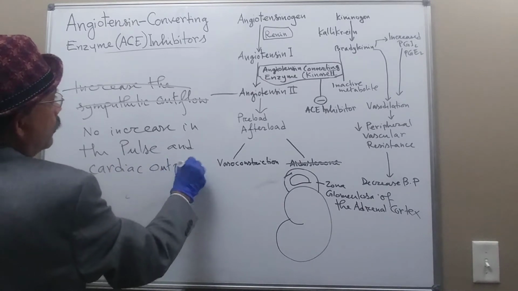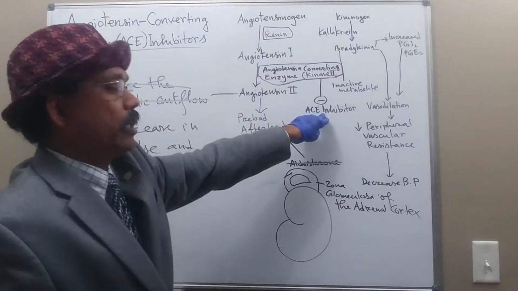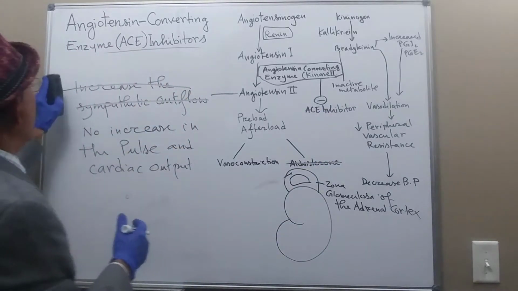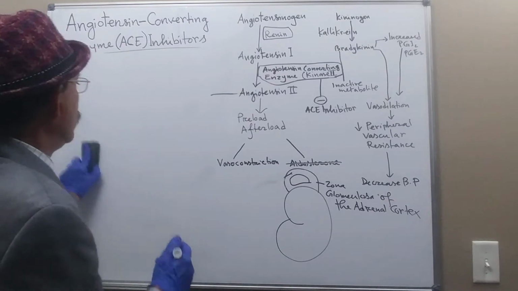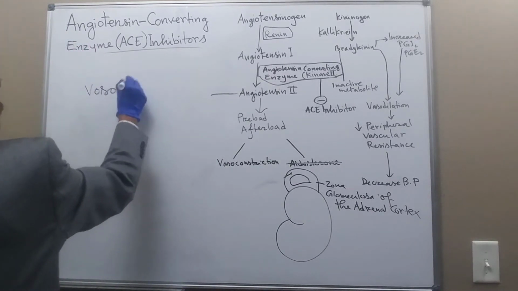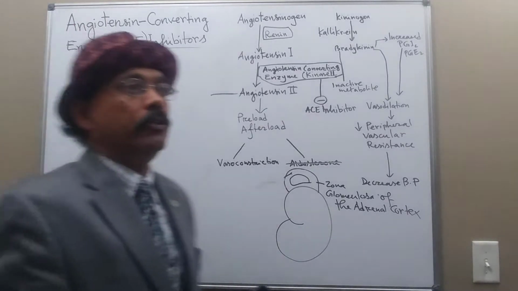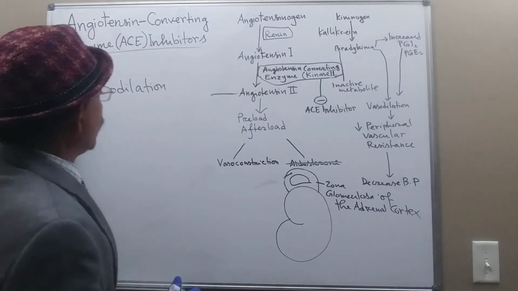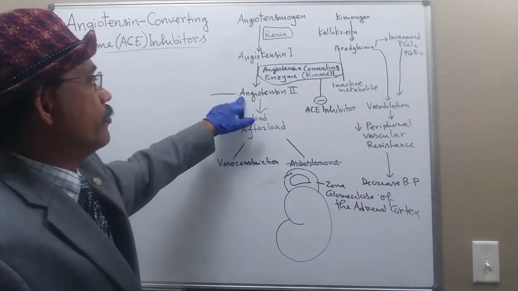Okay. By suppressing the angiotensin 2 with this drug, the ACE inhibitor, what will happen? No sympathetic outflow, then there will be vasodilation. Okay, we got that. So now it is time to summarize. We suppress aldosterone, we suppress the angiotensin 2.